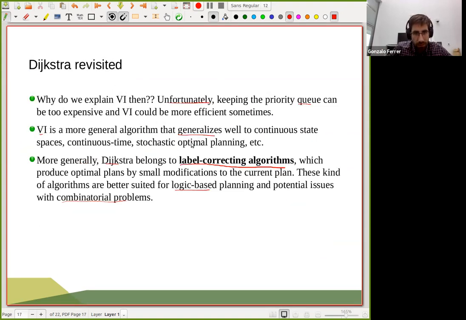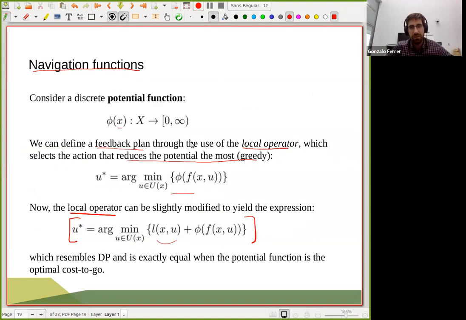And now what we are doing is a slightly different thing. We are saying that we are going to calculate actions if we have a potential that we don't know what it is, but this actually resembles value iteration, or in this case, the calculation of actions just by this.